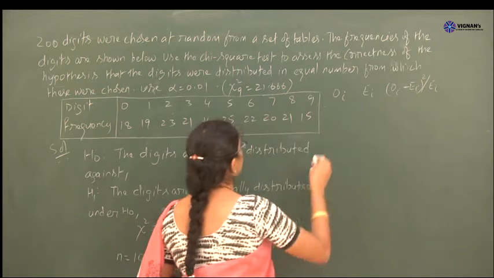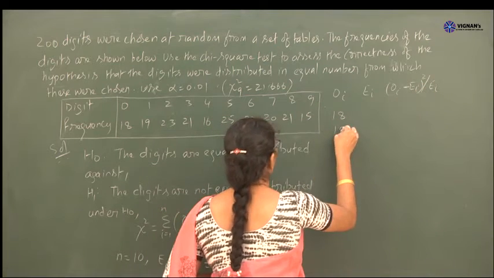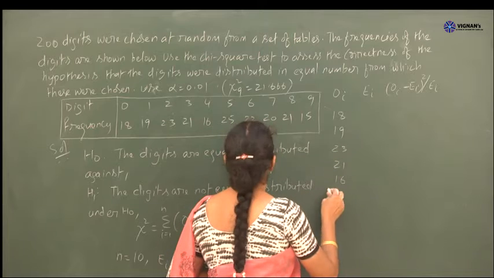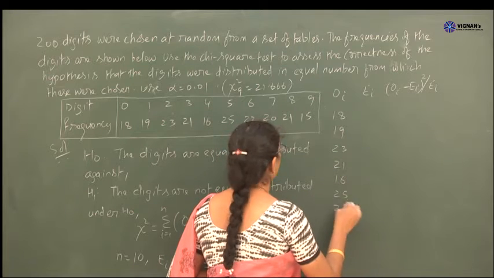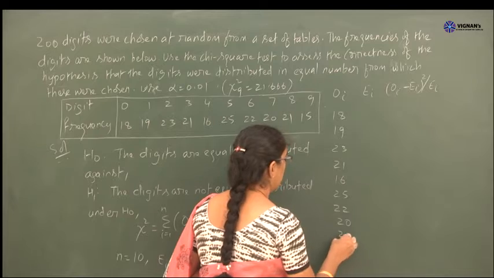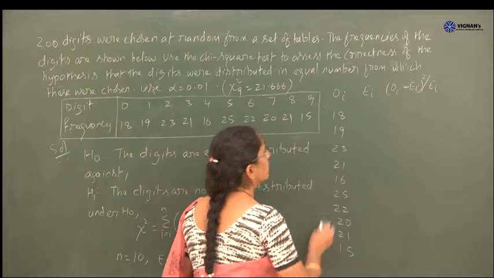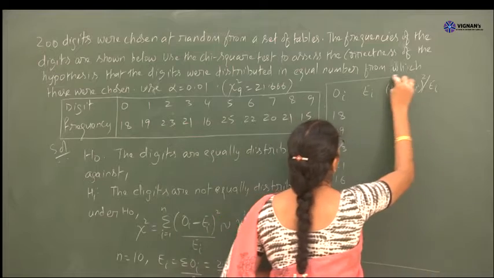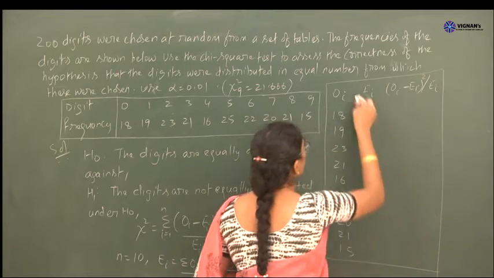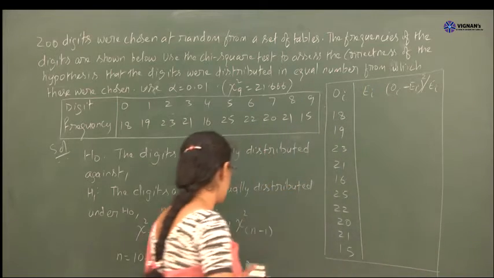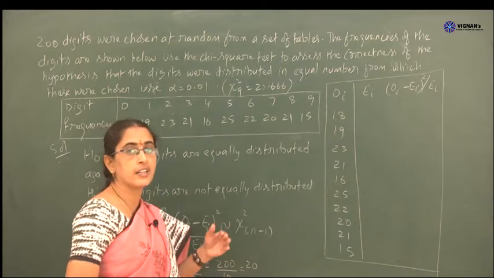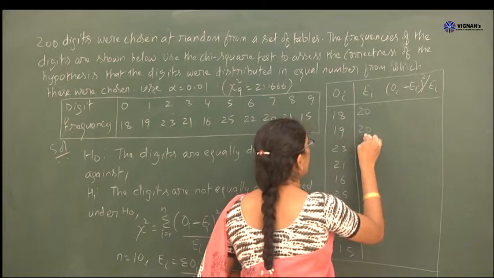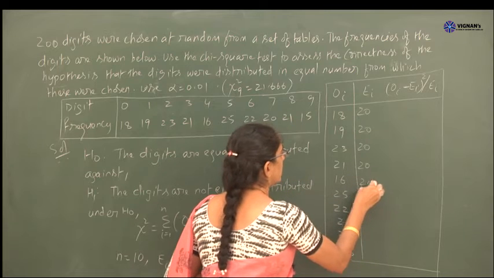The observed frequencies are 18, 19, 23, 21, 16, 25, 22, 20, 21 and 15. Now the expected frequencies are 20, since equally distributed is what they are asking. So it is only 20 for all the observed frequencies.